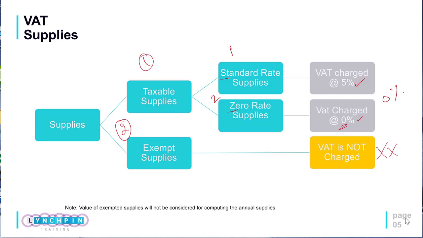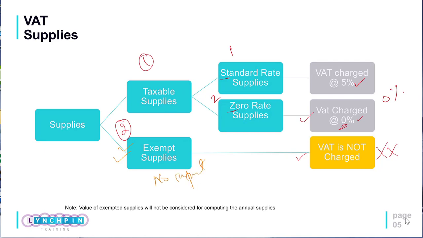Now you may wonder that the zero rated supply and exempt supply both do not put a burden of tax on the buyer, but for the supplier it is altogether a different story. Why? Because if I am supplying exempt supplies, I cannot claim my input VAT.